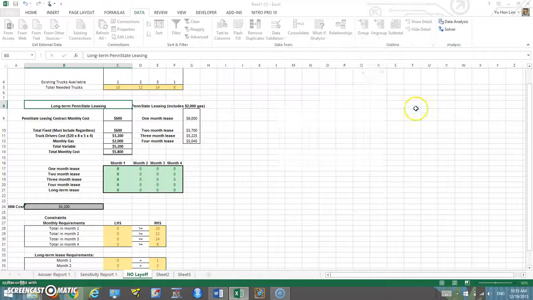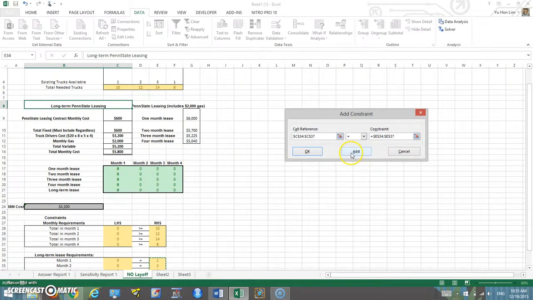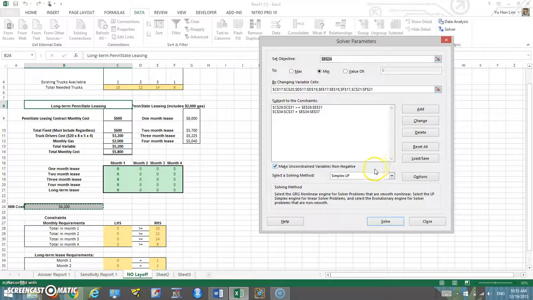Okay, and here's the constraint. The left hand side has to be equal to the right hand side. We add it here, and this constraint is for the long term. We also make sure it is a simplex LP problem.